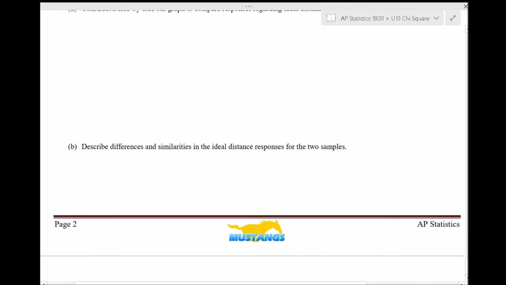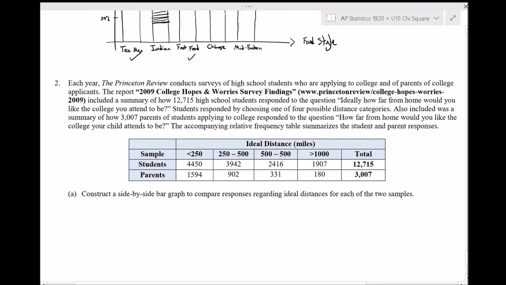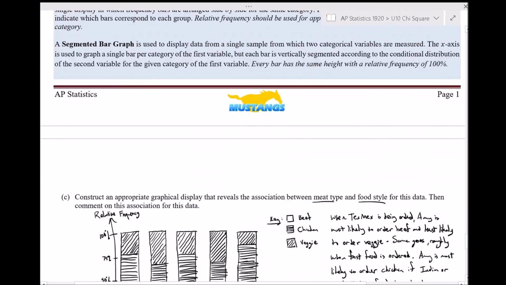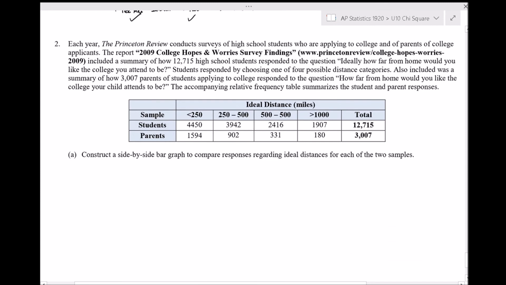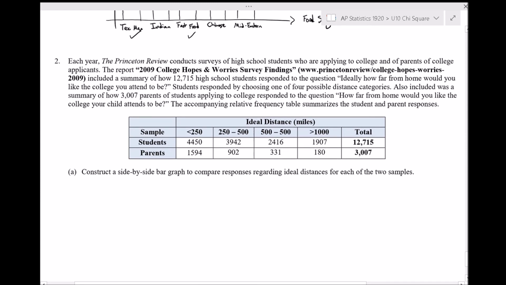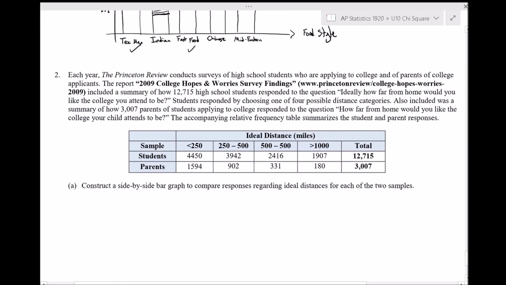So look at number 2, and number 2 is the last one for this particular problem. Did I have 2 number 2s? No, that's the same problem, number 1, so number 1 was just pretty long. Number 2. So for number 2, each year the Princeton Review conducts surveys of high school students who are applying to college and of parents of college applicants. So students who apply and then parents of those applicants.